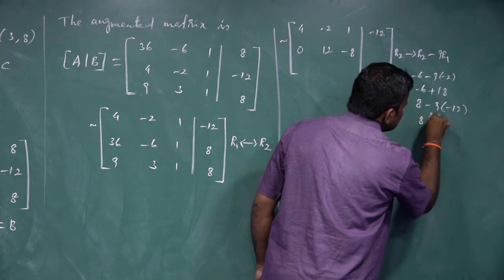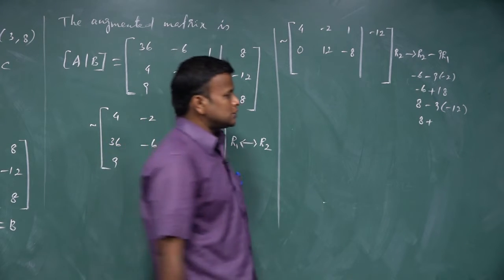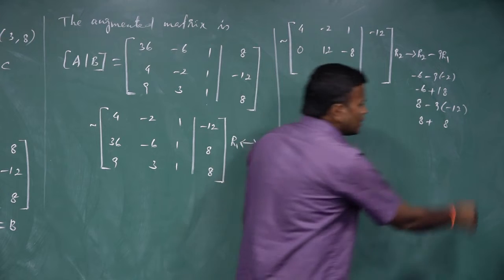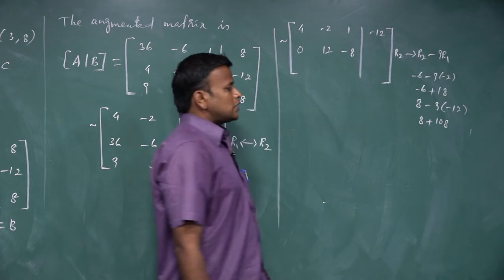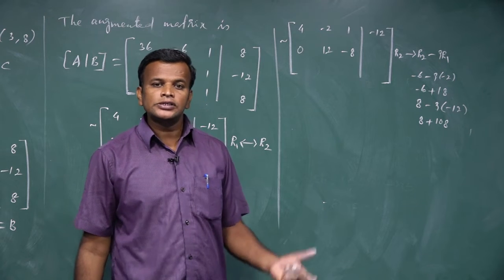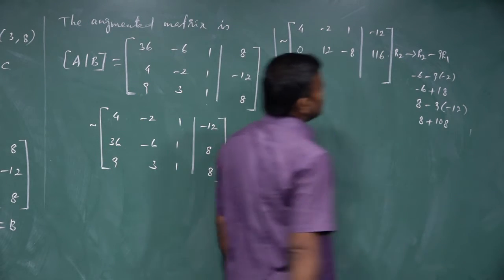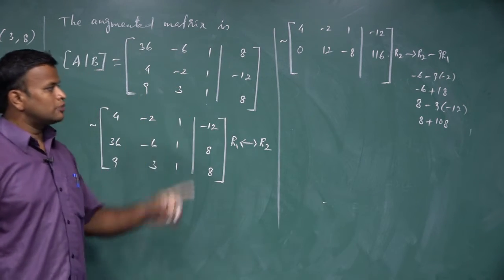So 8, this minus and minus is plus. Minus and minus is plus. 9 12s are 108. 108 plus 8 is 116. So in the second row, our motive was to convert the first element to 0.